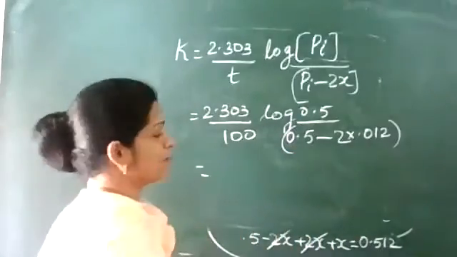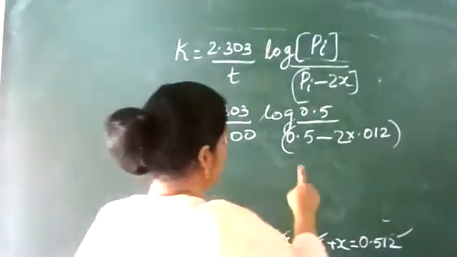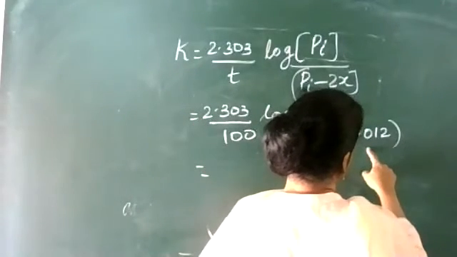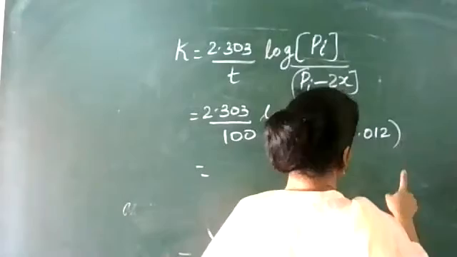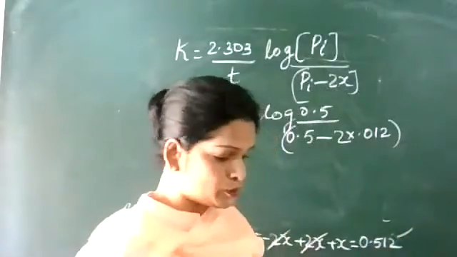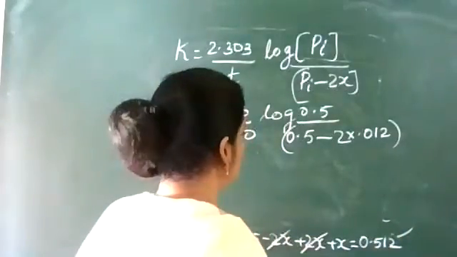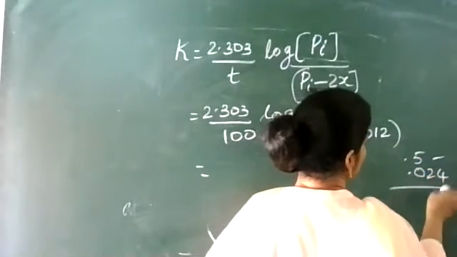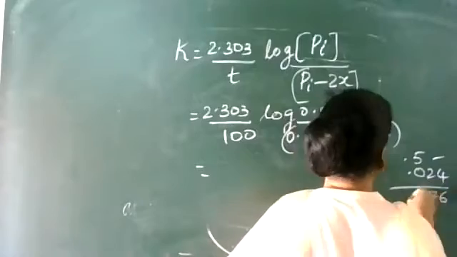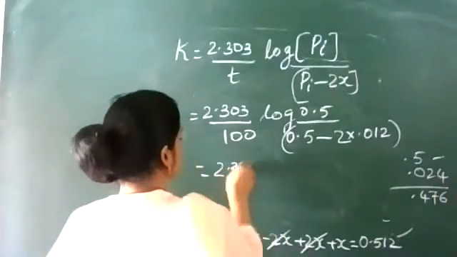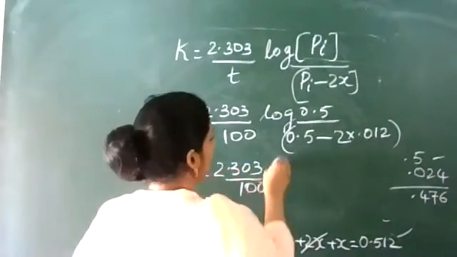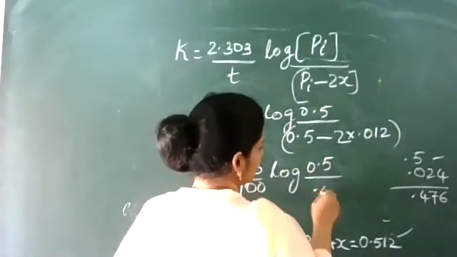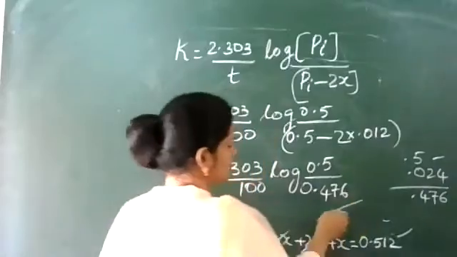Now you can find out K. So 0.5 minus 0.024, that is 0.476. So here 2.303 upon 100 log of 0.5 by 0.476. This is the answer.